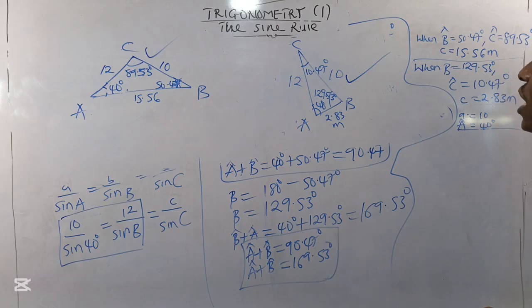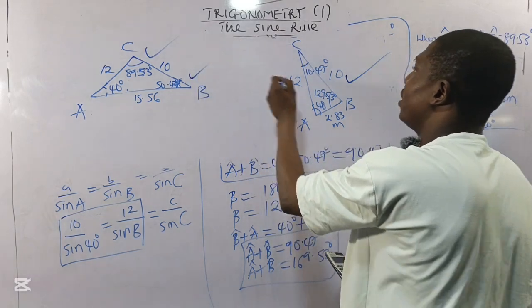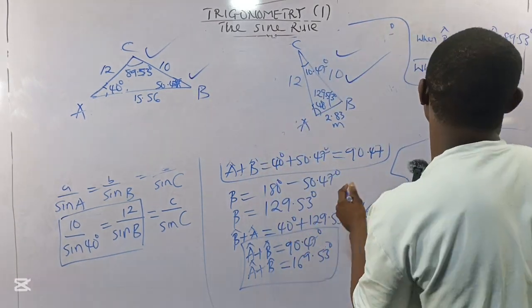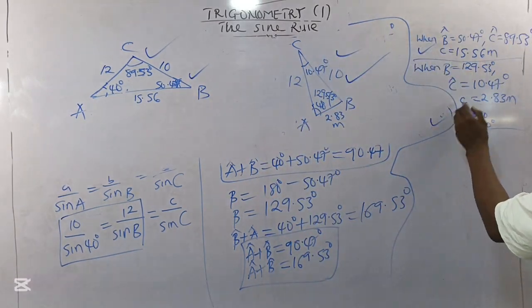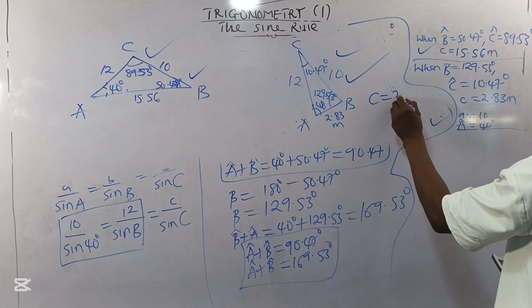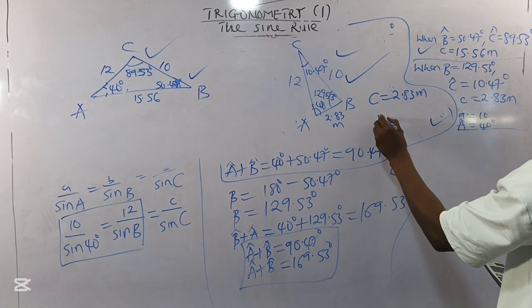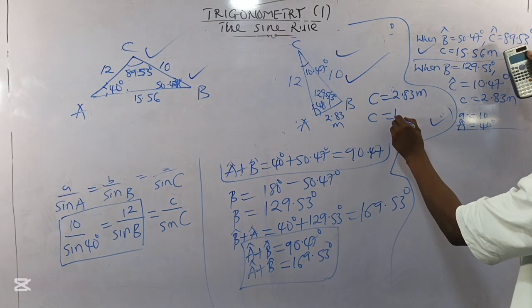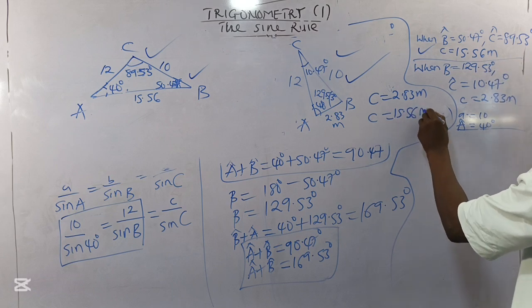So the question has to do with a triangle that has two different options. So two triangles exist in that question, and these are our values for C. C is equal to 2.83 meters, and C also equals 15.56 meters.